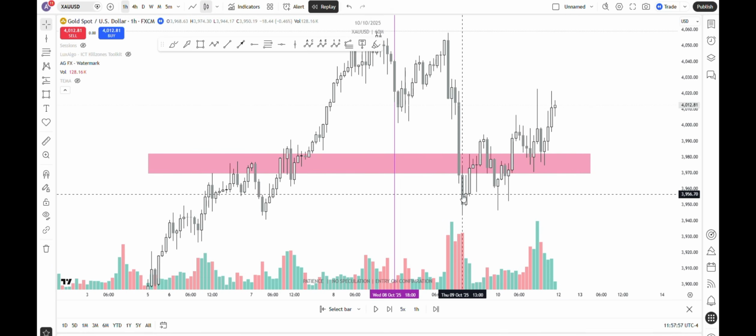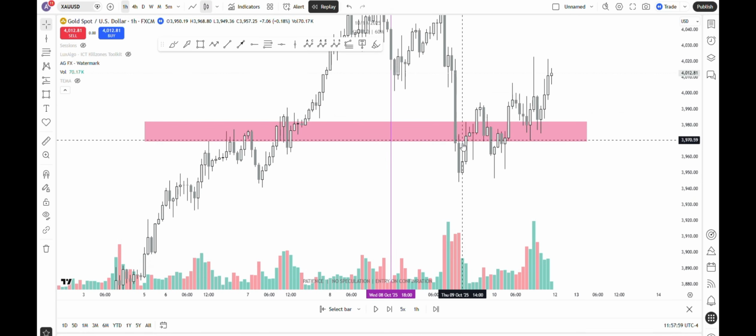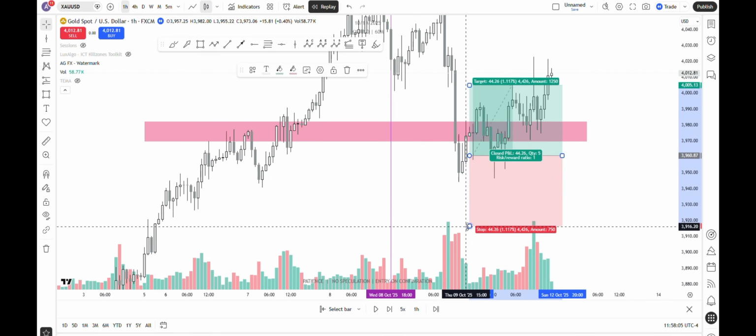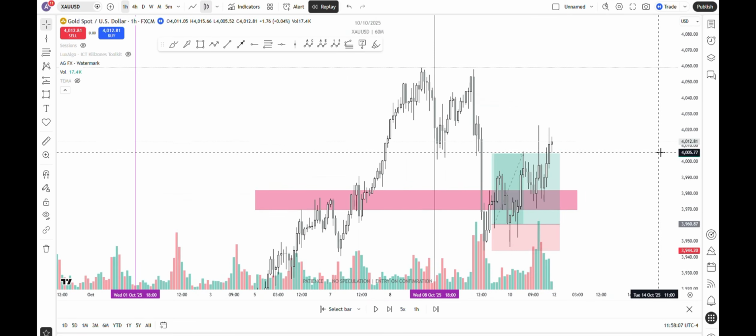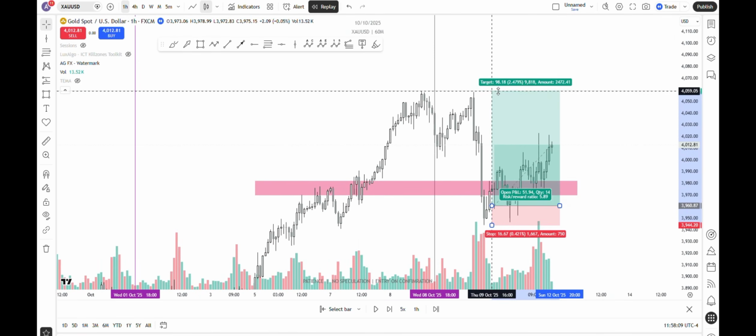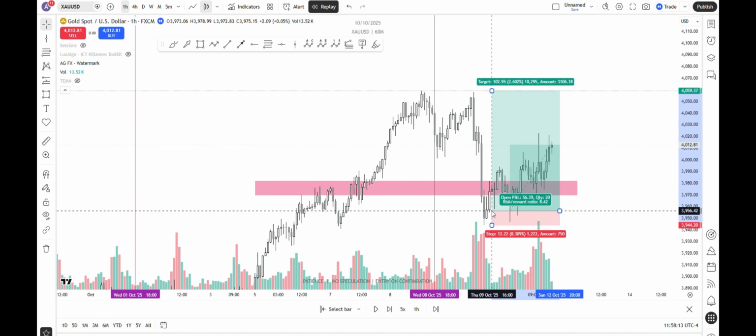So you can see market dropped and immediately started to push higher and created displacement over here, right, in the 1 hour time frame. So we can take our entry once again based upon our risk to reward, which is 1:7. So this is going to be our entry. So I'll just adjust it to make it 1:7, and here it is.